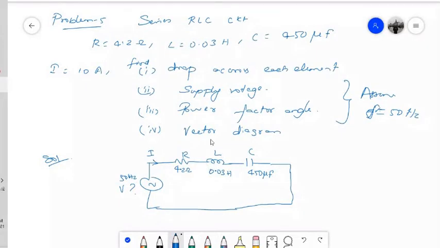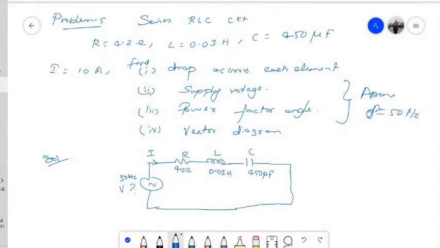Now, of course, you know that the voltage drop is nothing but I into R in the case of the resistance, and I into XL, the inductive reactance, in case of the inductor, and I multiplied by XC, which is the capacitive reactance in the case of the capacitor. So if you are only interested in finding the drop, then you don't have to consider the phase angle.